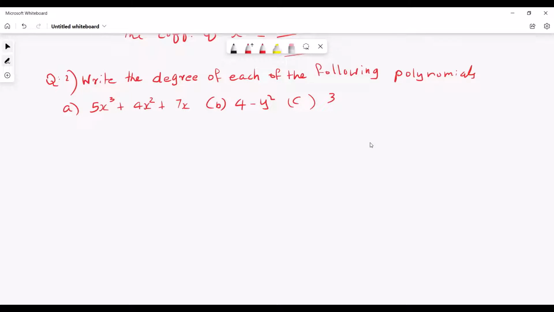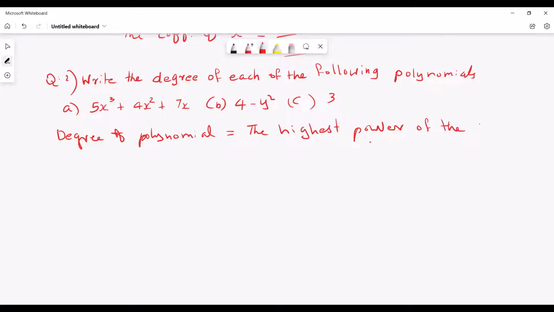In question number 2, we have to find out the degree of the polynomial. So what is the degree of the polynomial? The degree of a polynomial means the highest power of the variable.